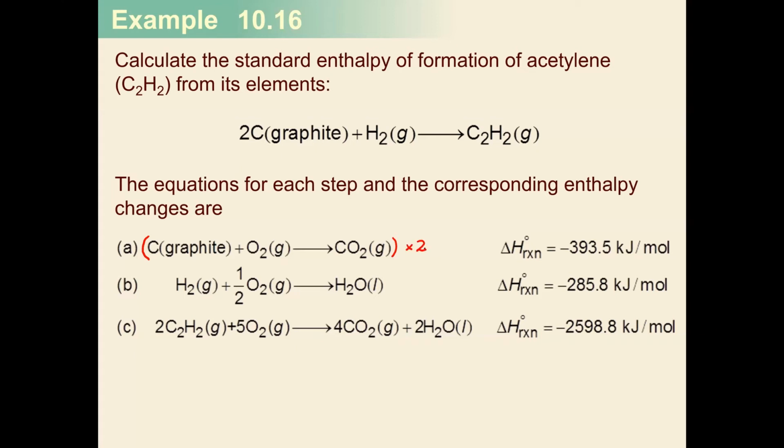So this means that I must also multiply the energy times 2. So this would give me 2 carbons, this would give me 2 O2s, and this would also give me 2 CO2s.